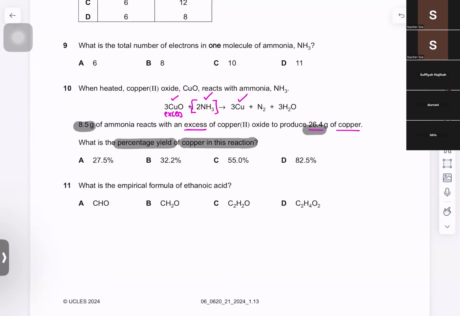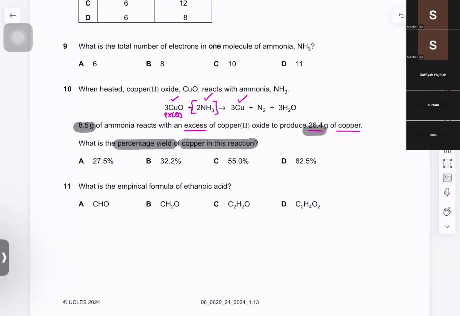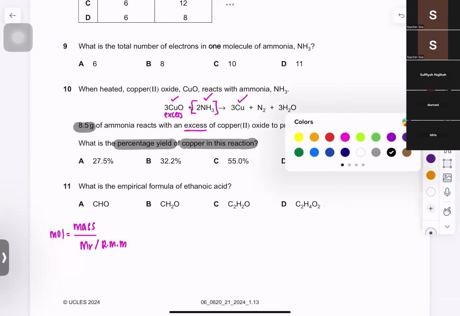First, you need to use mole equals mass over MR. MR or relative molecular mass, same. SPM usually uses the words relative molecular mass, while those who take only IGCSE will say MR. Actually it's the same, don't worry.